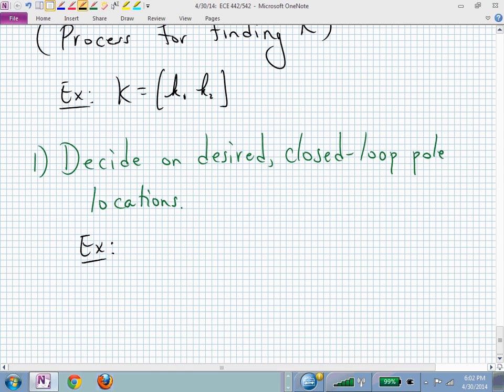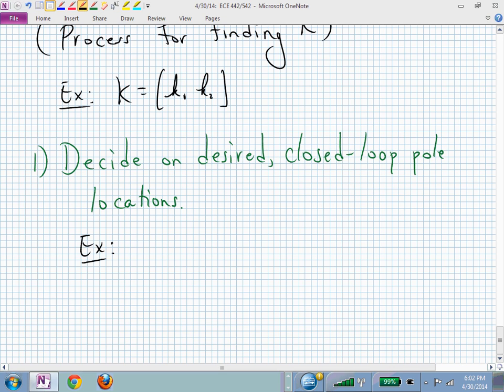Is that clear? That's step 1, is where do we put the poles, and if you had a 10th order system, you might pick 2 to dominate your behavior. Do you know what that means? Those are the slowest of your closed loop poles, and then you pick the other 8 to be inside those by some factor so that they don't really mess up that dominant dynamic behavior.